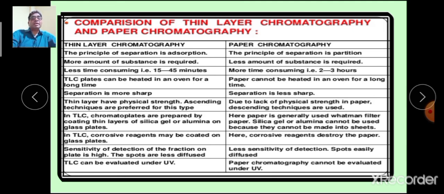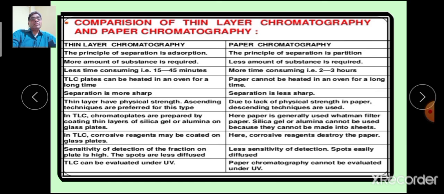TLC requires less time, while paper chromatography consumes much time. TLC plates can be heated for drying purposes, while in paper chromatography it is not possible to heat the paper over a flame. In TLC, the separation is sharper, while in paper chromatography it is less sharp.